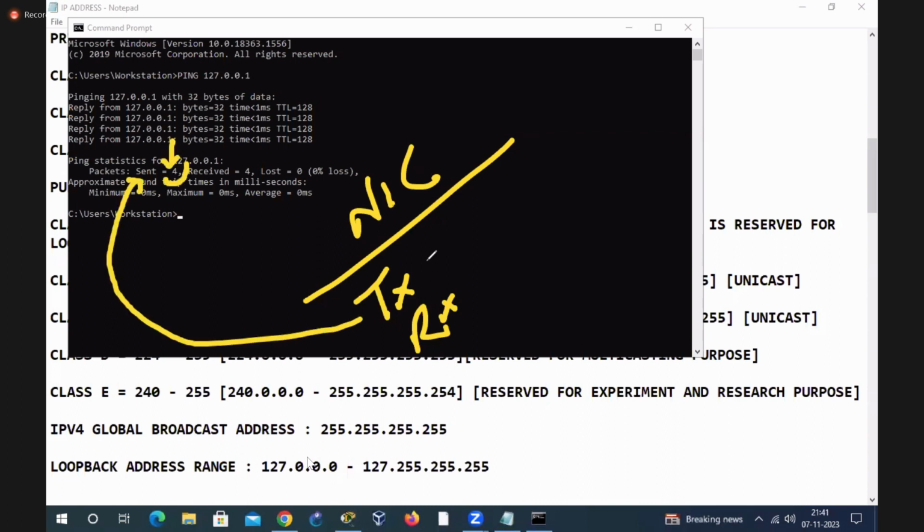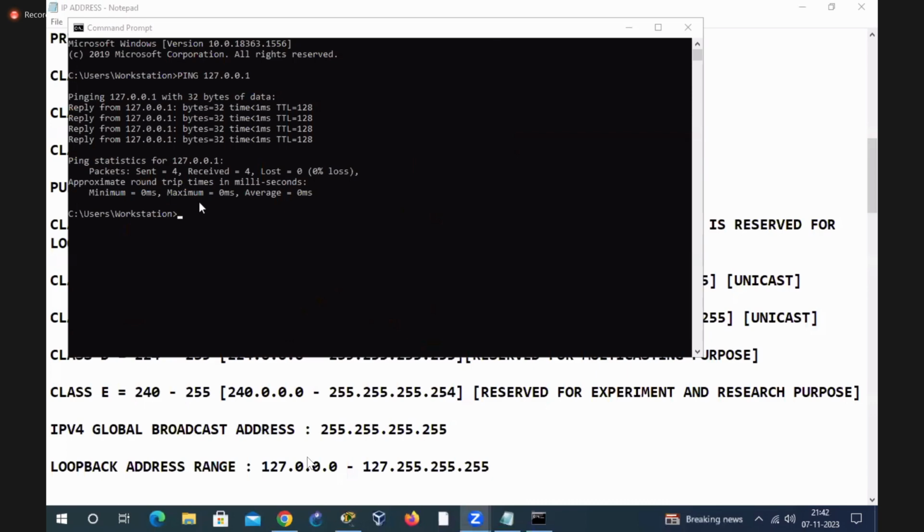It indicates that my NIC has successfully transmitted data. The RX channel is the received count, and here also we can see that it has received the data. So when you see non-zero values in sent and received, your NIC is perfectly working. It doesn't have any problem.